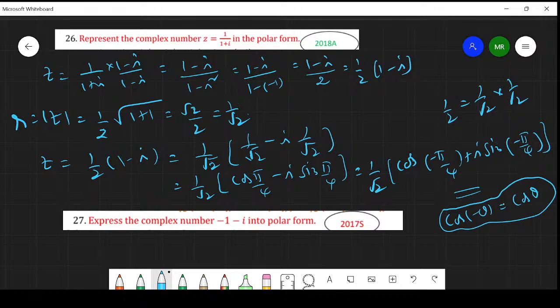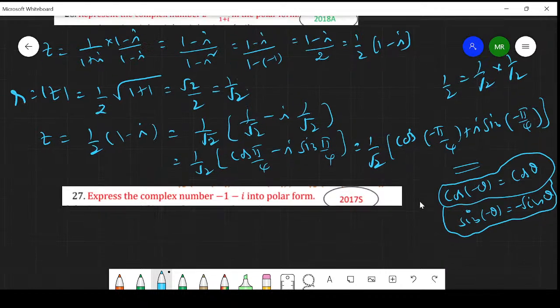Sin of minus theta is minus sin theta. These points you remember. Using that concept I have done this part. I hope you understood this.